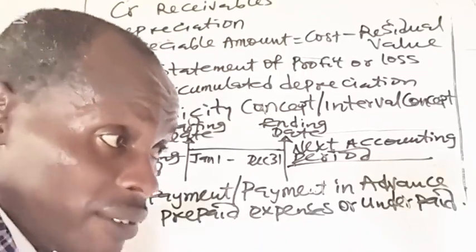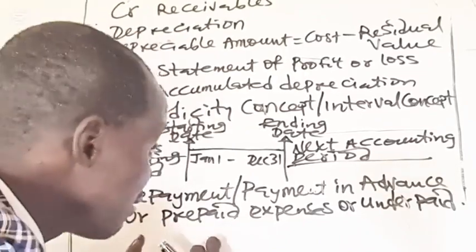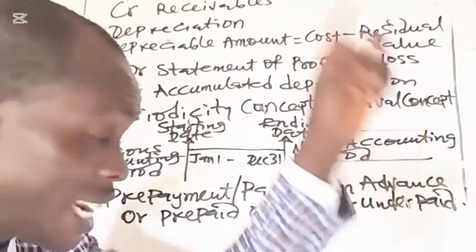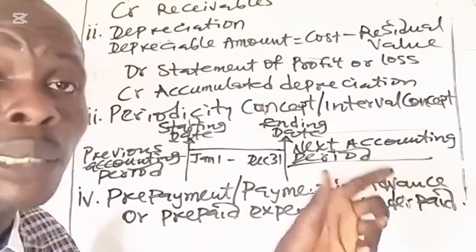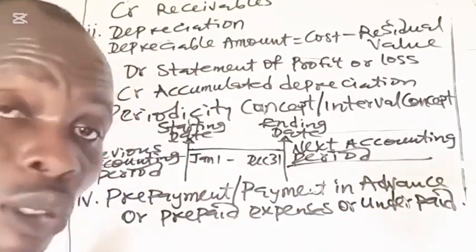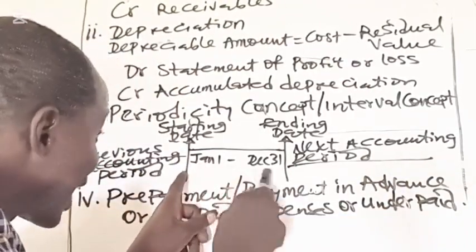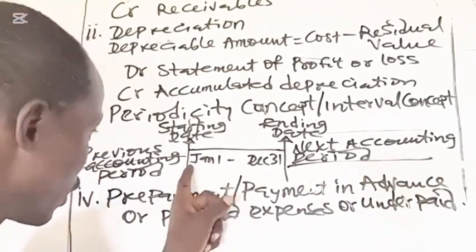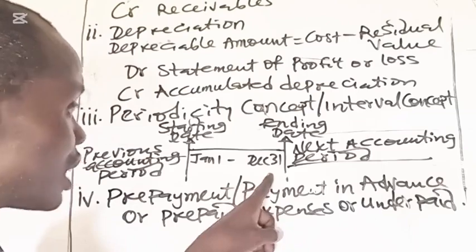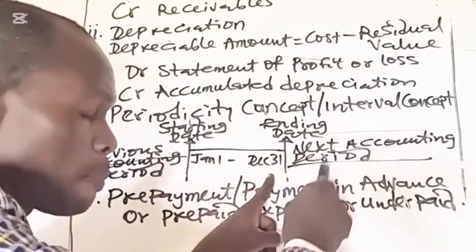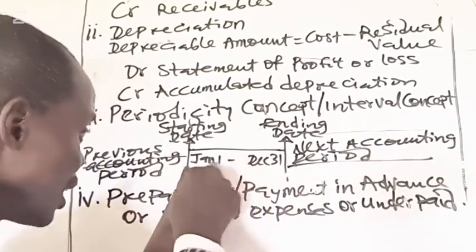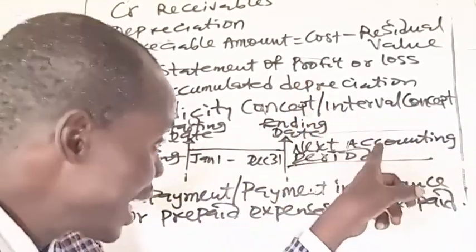You have not made use of that service, but you are paying for it in advance. That is prepayment. Now, does it relate to this accounting period? No, of course. It relates to the next accounting period.